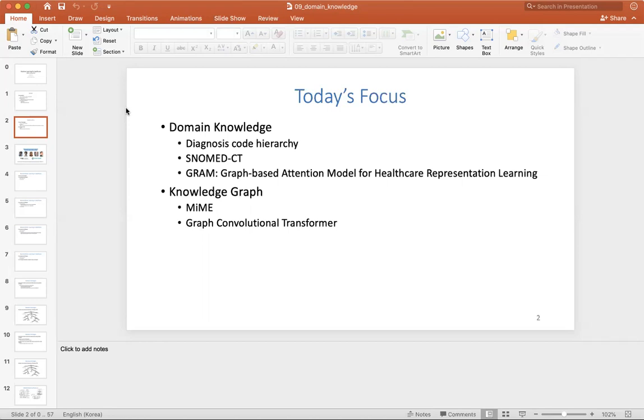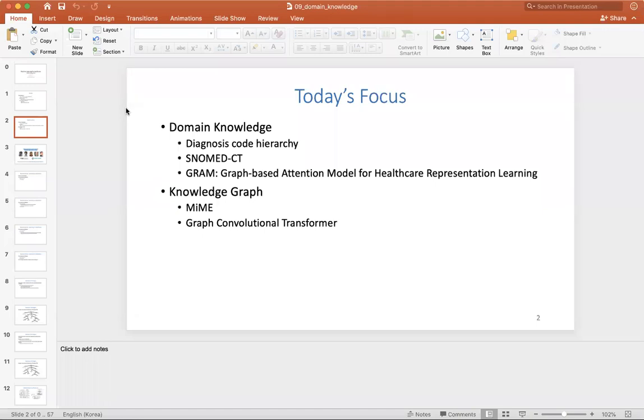And then GRAM is probably one of the very first methods that tries to incorporate neural networks with domain knowledge, which is also one of my papers, but that was some time ago. I think it was presented in 2017 KDD, so that's now pretty an old paper by AI standards. But it was probably the first paper to do that, because that was back in the day.